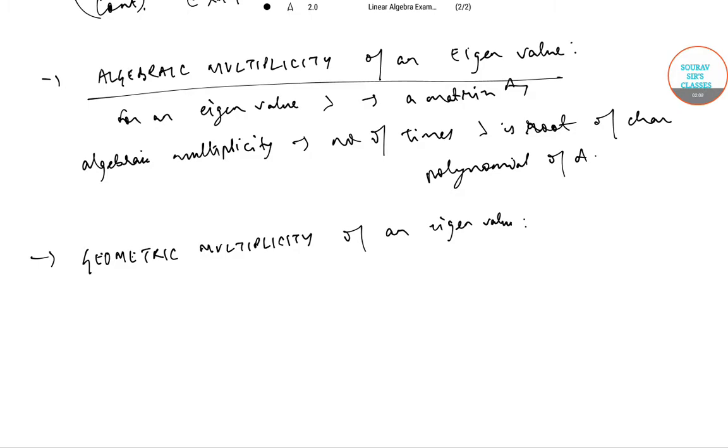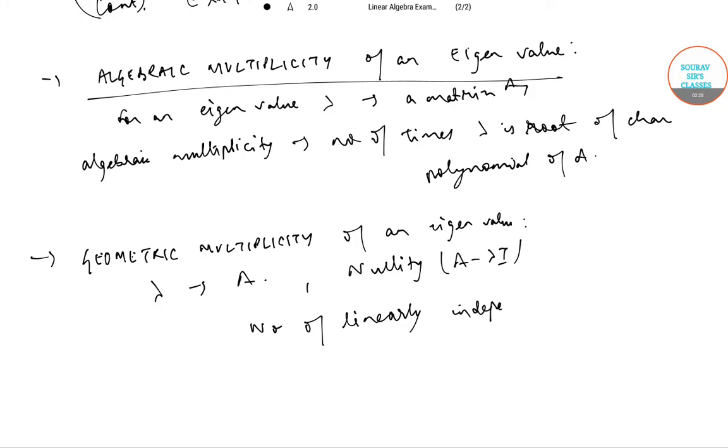For an eigenvalue lambda of a given matrix A, geometric multiplicity is nullity of A minus lambda I. This gives us the number of linearly independent eigenvectors corresponding to the eigenvalue lambda.